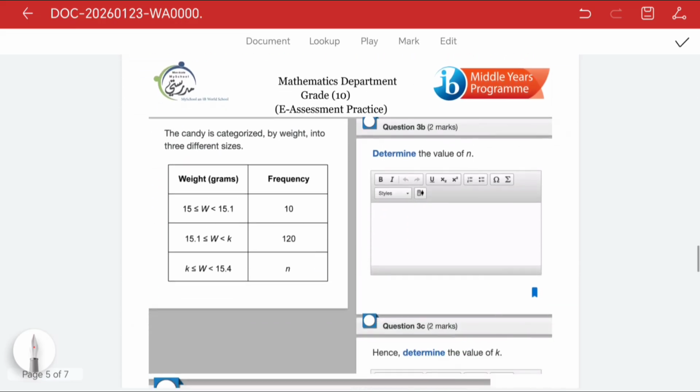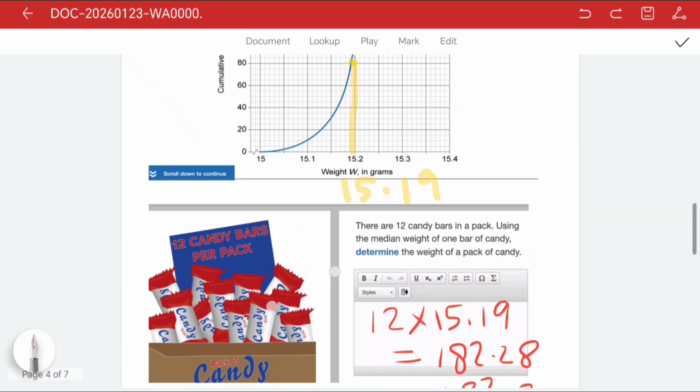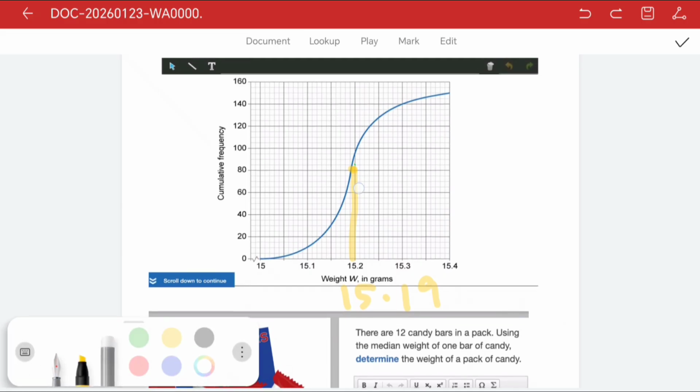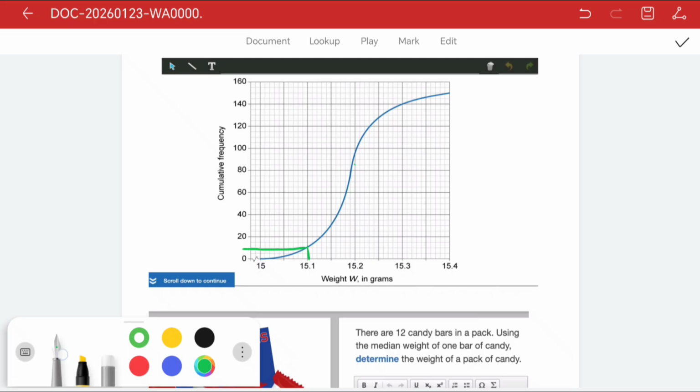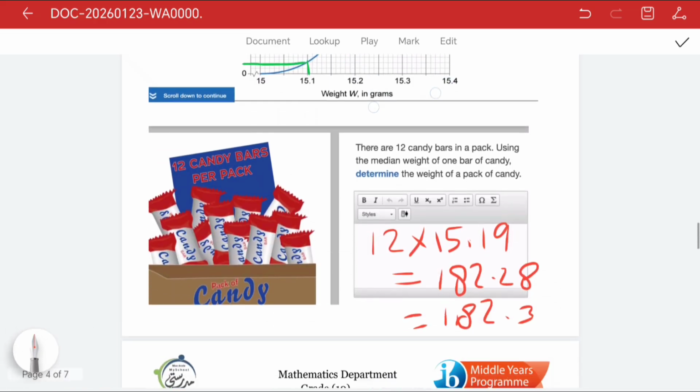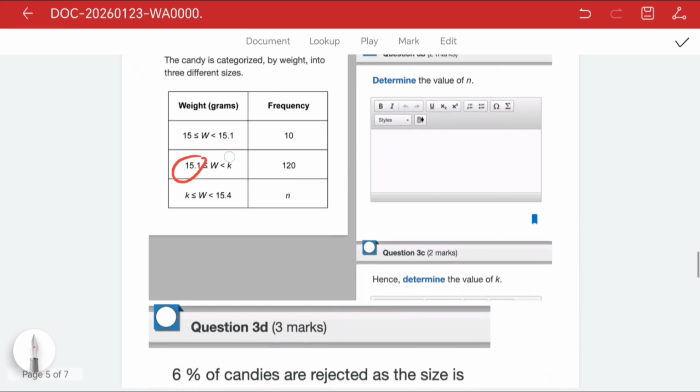The next question asks you to determine the value of n. The frequency they gave us is 10, 120. Look at the graph from 15 to 15.1. From 15 to 15.1, there are 10 candies. Then after that, they say 15.1 to k, where k is unknown, and up to k the frequency is 120.